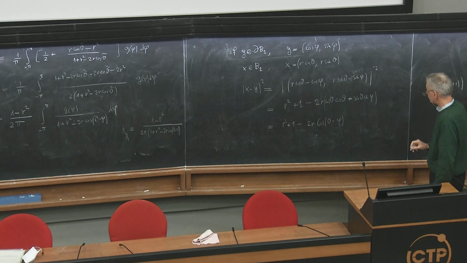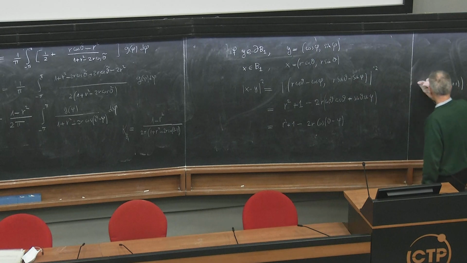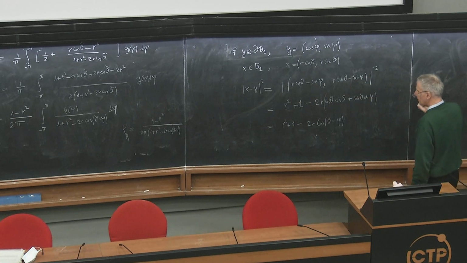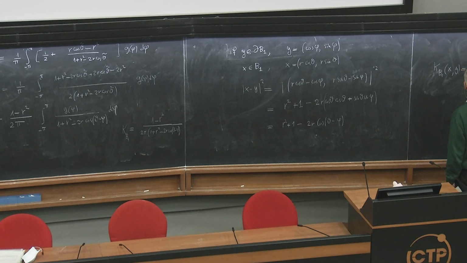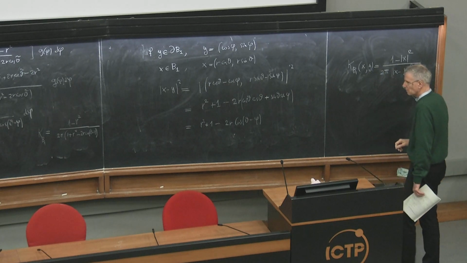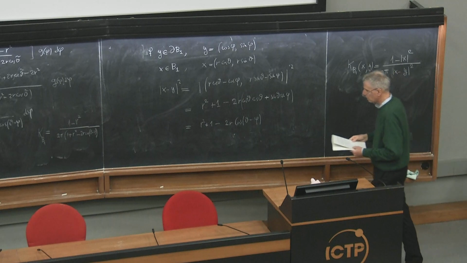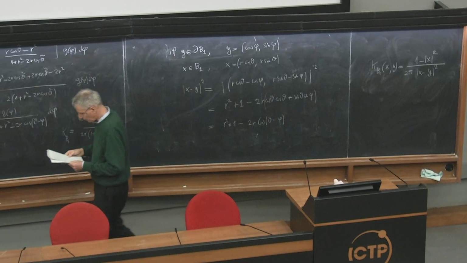What I am saying simply is that finally in this new system of coordinates, rectangular coordinates, k in 2 dimensions, ball of radius 1 centered at the origin, is equal to 1 minus |x| squared divided by, there is this 2 pi, there is |x minus y| squared. Hope that the constants are correct.